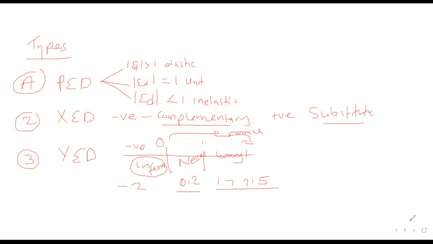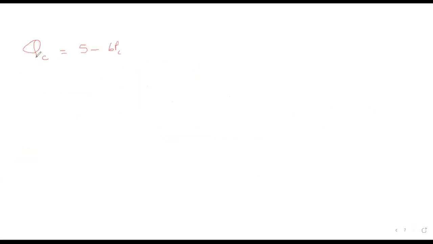Thank you so much. It's clear. So here we have the Coca-Cola company with the following demand function: QC equals 5 minus 6PC plus 4PP, where PP is the price of Pepsi, minus 2Y plus 10A, where A is advertising.